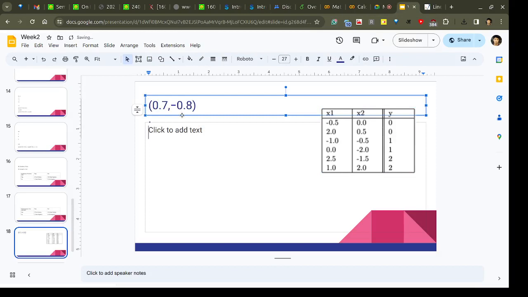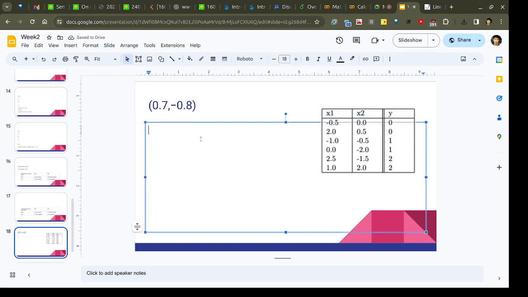So we have to find the distance of the point (0.7, -0.8) with respect to this x1, x2. For the first one, we have to calculate the square root of this minus this whole square plus this minus this whole square.